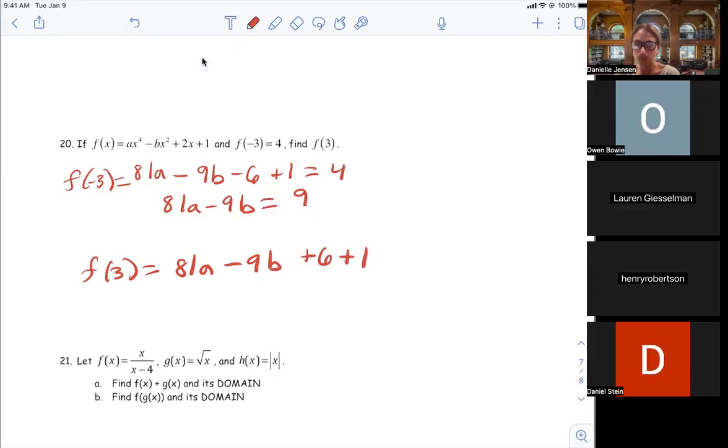That's what f of 3 will be. But I just learned what 81a minus 9b is. What is this equal to? 9. Equal to 9, right? 9 plus 6 plus 1. So this will be 16.